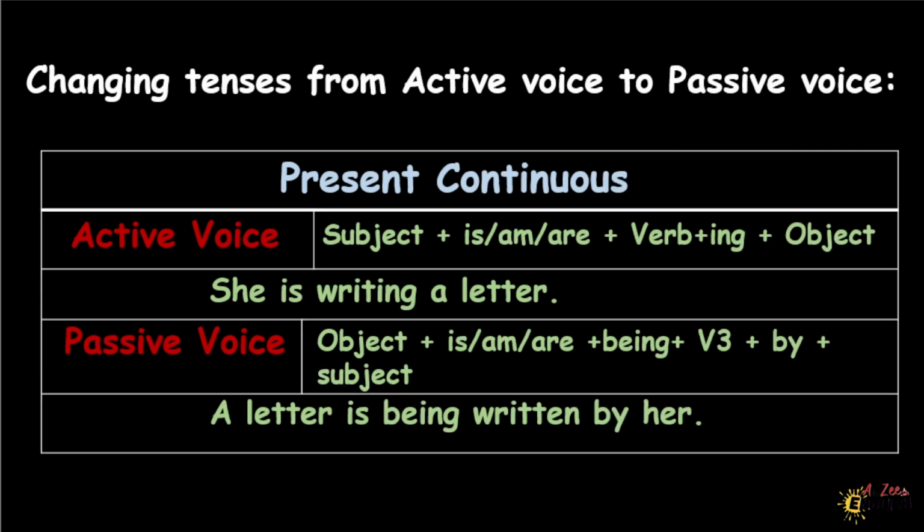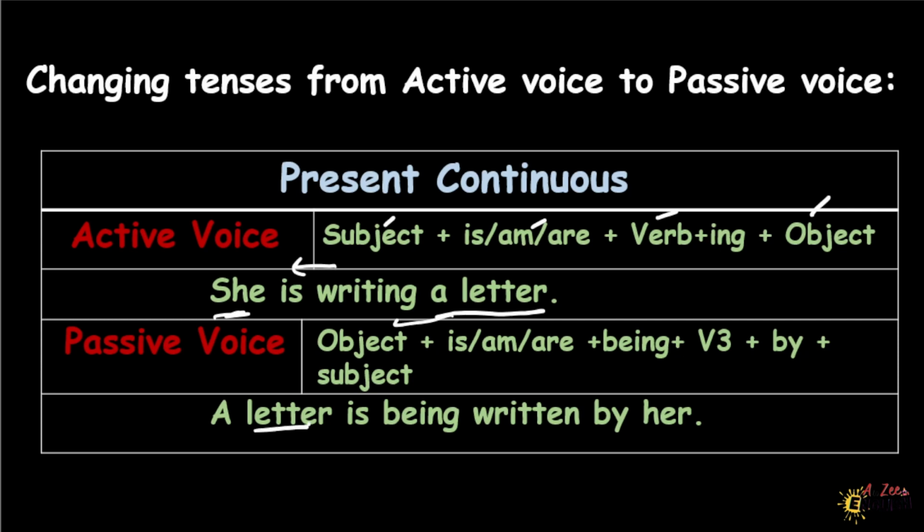Next are the rules for present continuous. In present continuous, the active voice is subject plus is, am, or are plus verb plus ing plus object. This is the sentence structure of active sentences. For example, she is writing a letter. Here, a letter is the object. She is the subject. So in passive voice, the sentence structure is the object, meaning a letter.